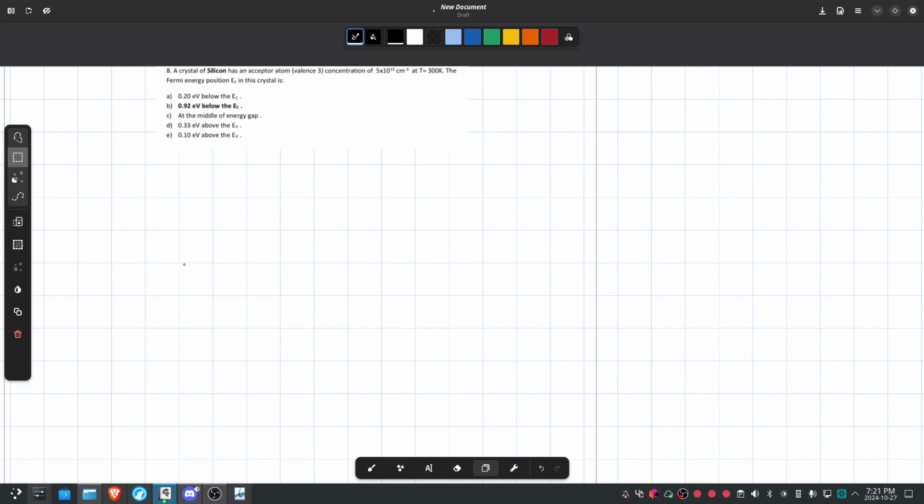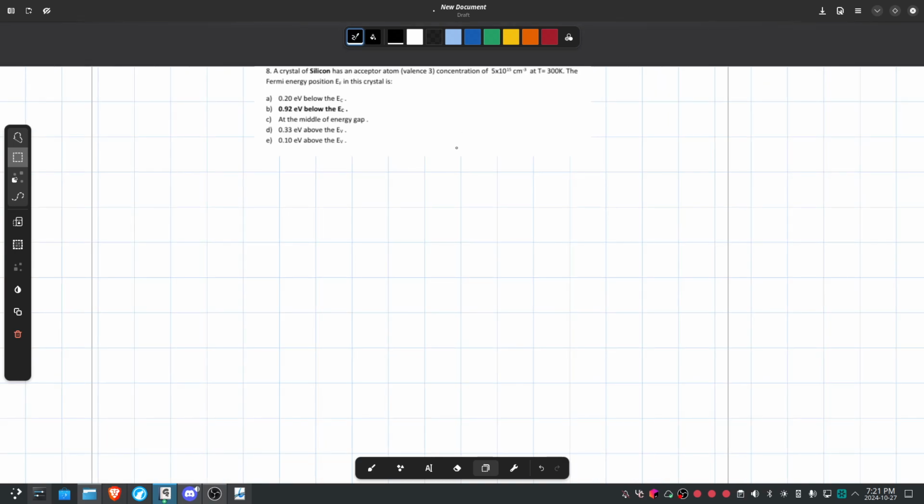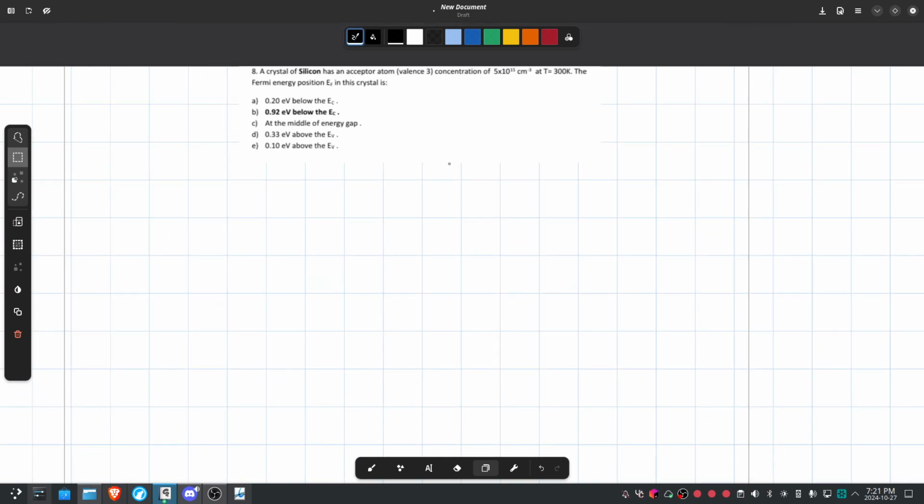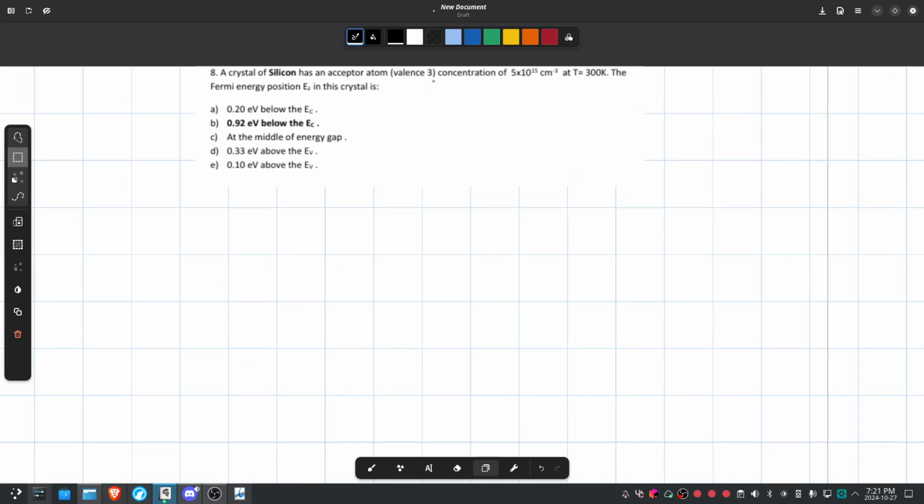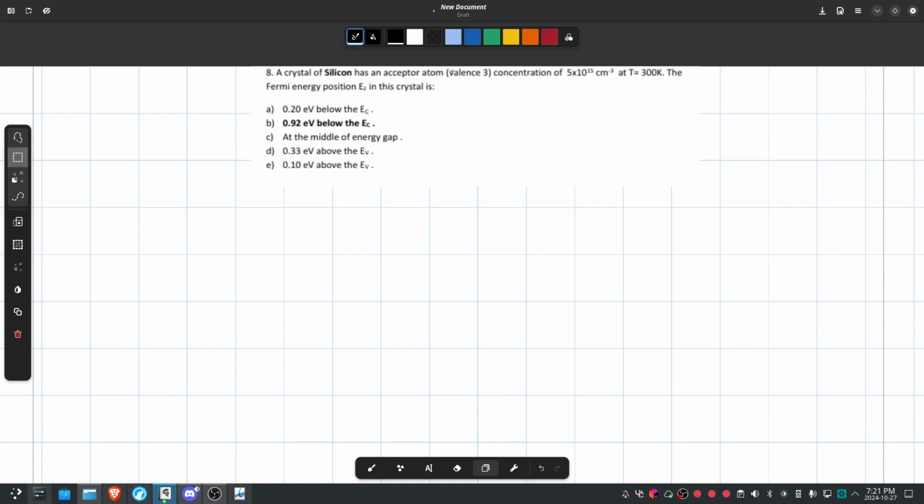Once again, I haven't done this question beforehand. The answer is given, but I haven't done the question, so I don't know if I'm going to make a fool of myself here. A crystal of silicon has an acceptor atom, valence 3, concentration of 5 times 10 to the 15 centimeters to the negative 3 at T equals 300 K. The Fermi energy position of this crystal is what?